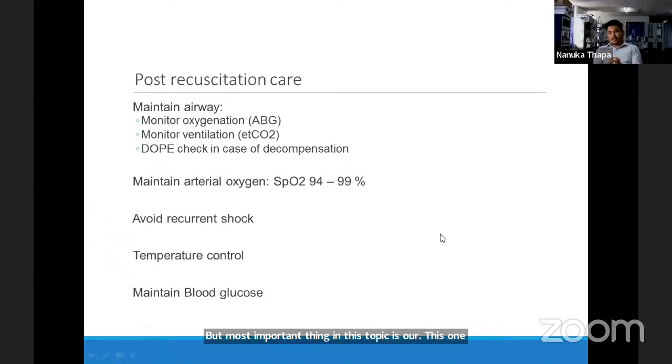Even if we study for the whole day regarding advanced life support, without practical skills and practicing on mannequins or in real-life scenarios, it is very difficult to understand the things. So I hope this much will be helpful for everyone. And if any queries are there, you can put up the queries.